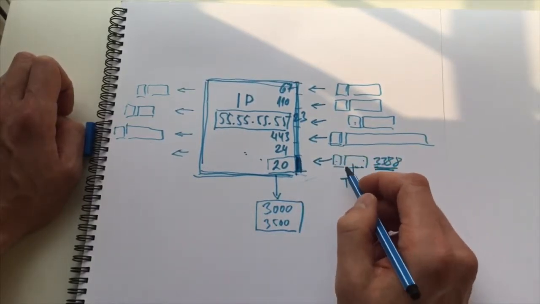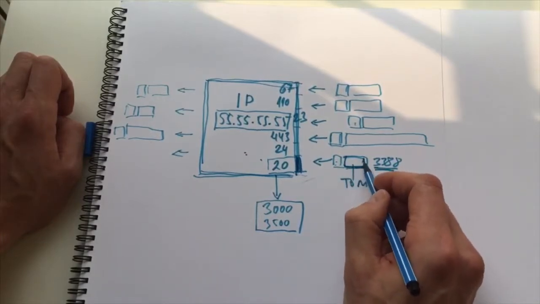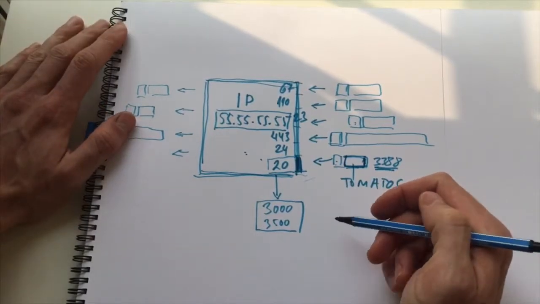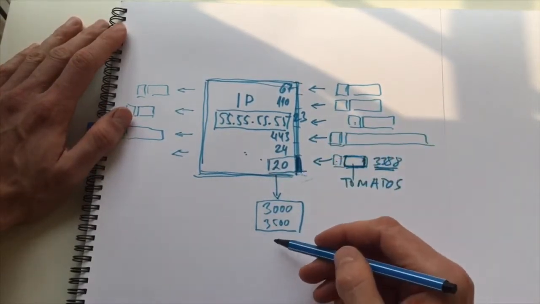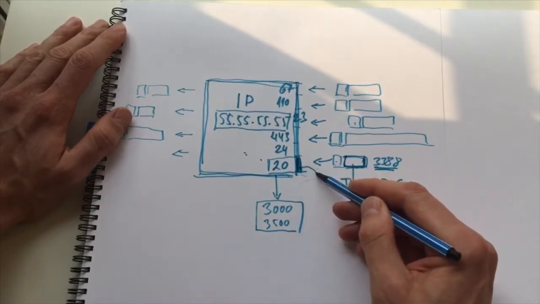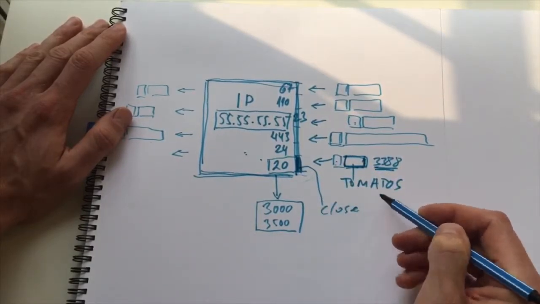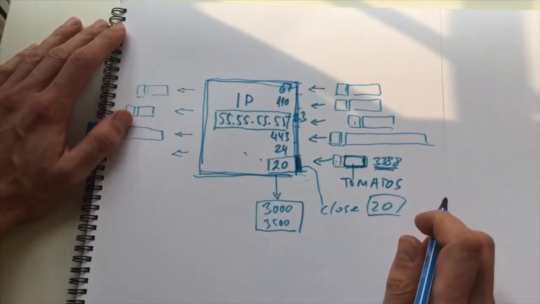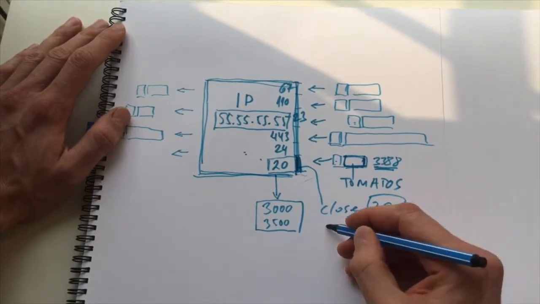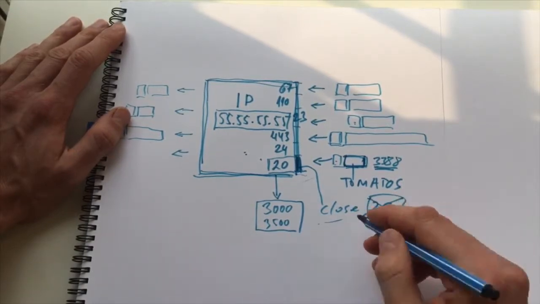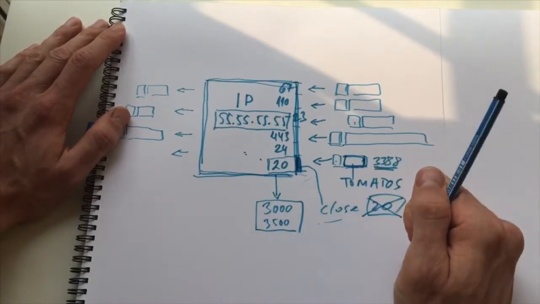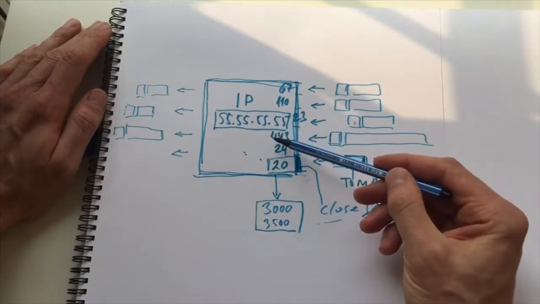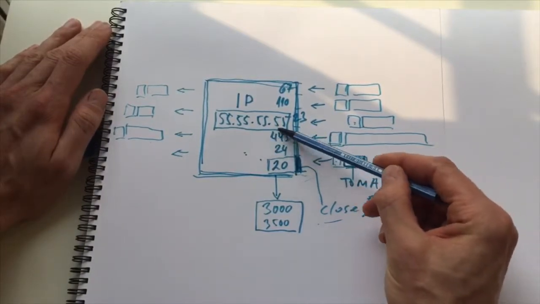I don't want his particular tomatoes. So this is closed. Or maybe I can close the port completely because I don't want any tomatoes today, and I'm going to close port number 20 completely. Okay? So the FTP client port is closed. The same thing I can do for any other ports. The problem is, for example, 443 is a very commonly used port.